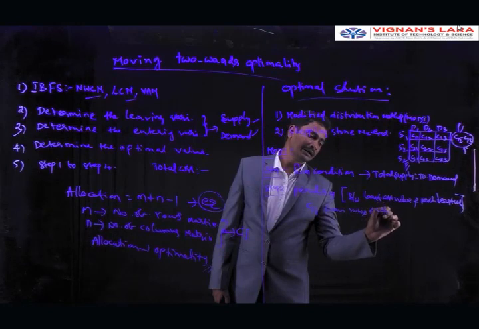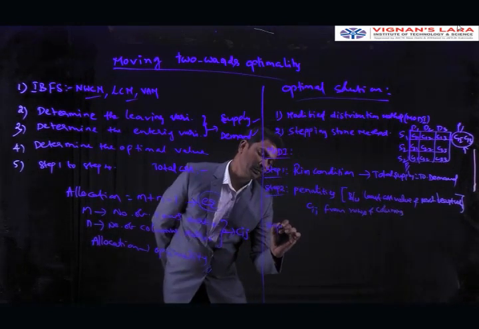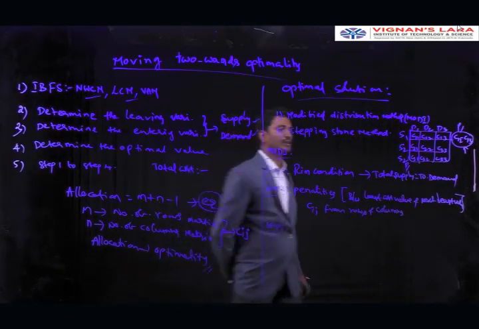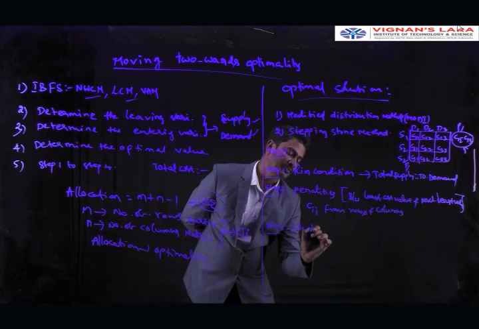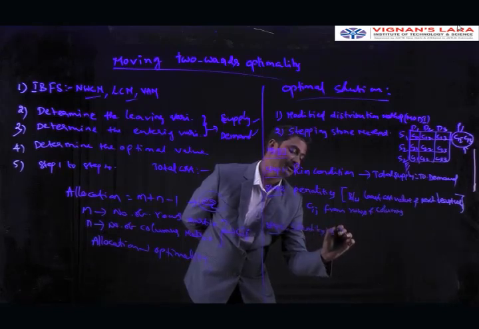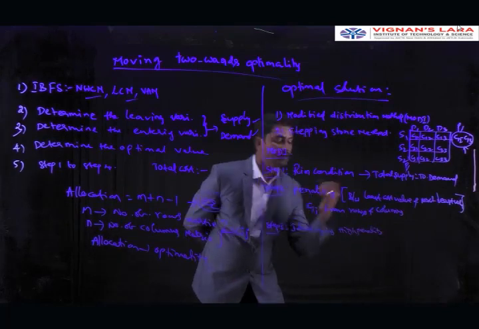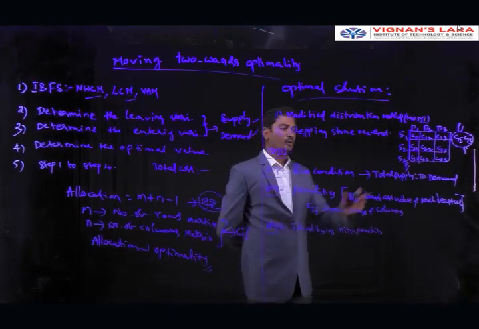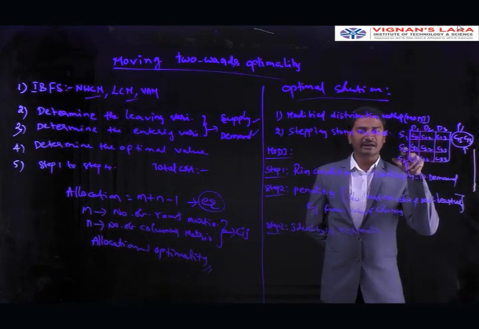After calculating the penalties, in step 3 we have to identify the highest penalty from these penalties. After identifying the highest penalty, we have to identify the least value from that matrix, from the table.